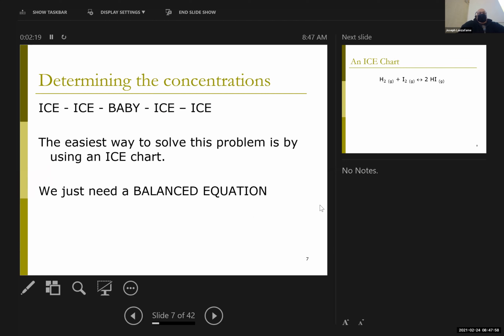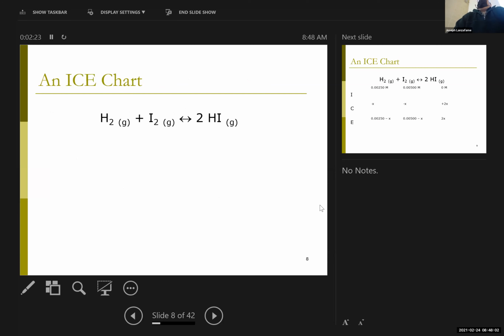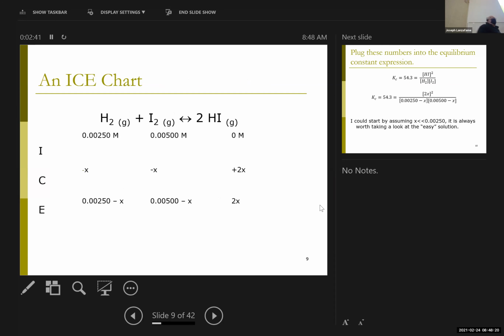Like all equilibrium problems, same 3 parts. My balanced equation is hydrogen plus iodine makes 2 hydrogen iodide. They are, again, all gases. It could be Kp or Kc. I was given Kc, so it's going to have to be concentrations. Once I have the balanced equation, I can write the equilibrium expression and construct the ICE chart. There's my ICE chart.